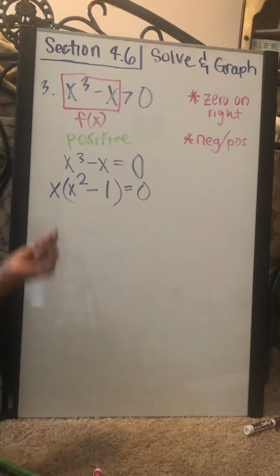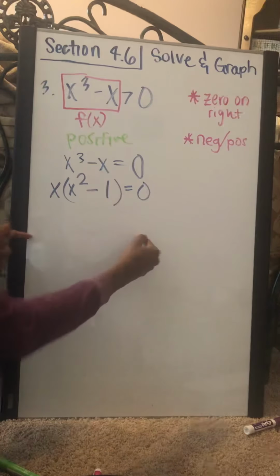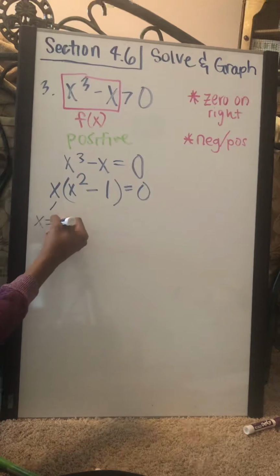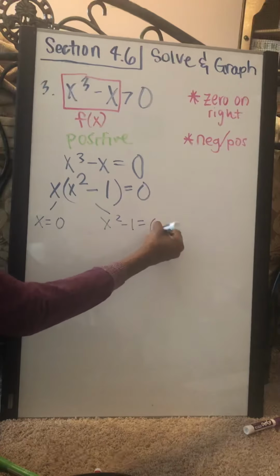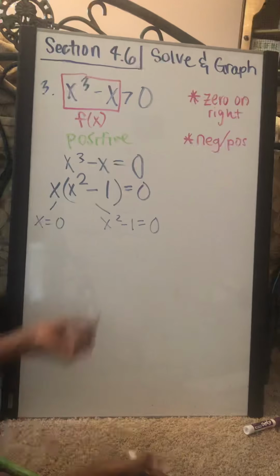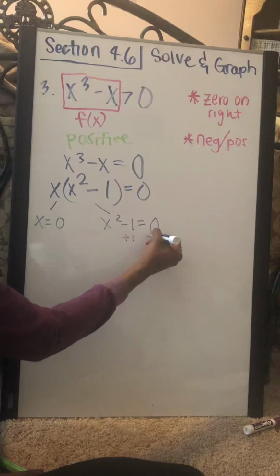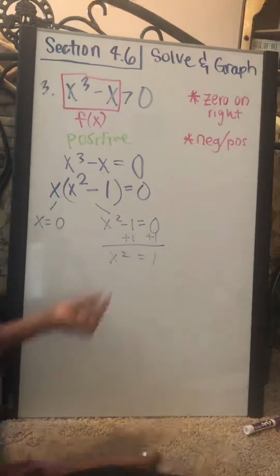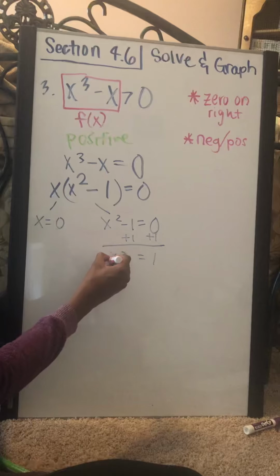So here we have something times something is equal to 0, so we can set both of these somethings equal to 0. So x is equal to 0, and x squared minus 1 is equal to 0. If I go about solving this, we only have one x, so I'm going to get that x by itself. I'm going to add that 1 on both sides. And then to get rid of a squared, we take the square root. Does anyone remember what happens when you take the square root?